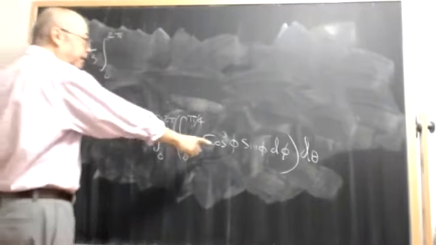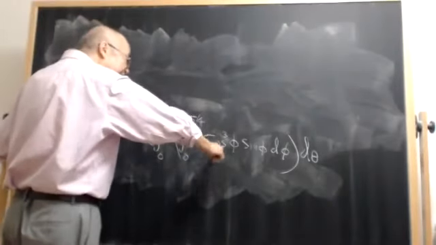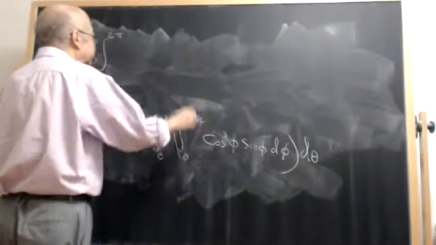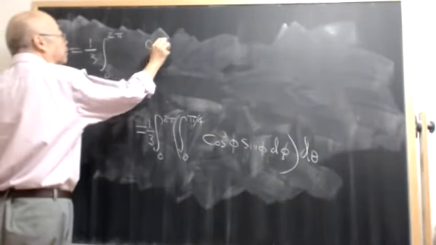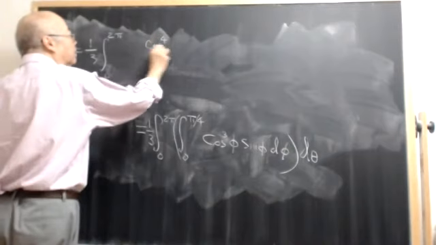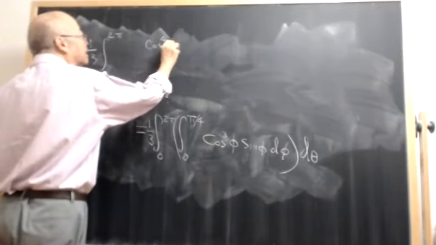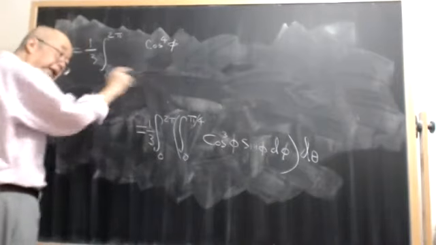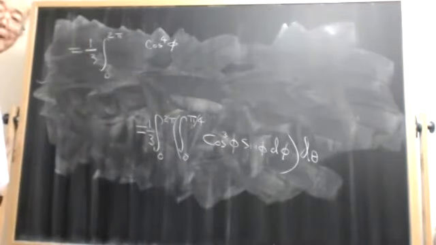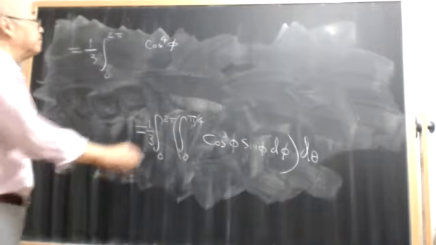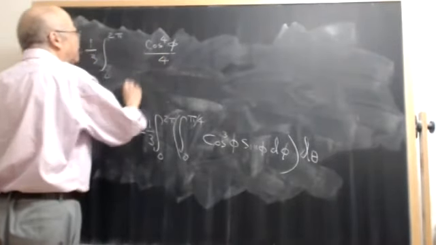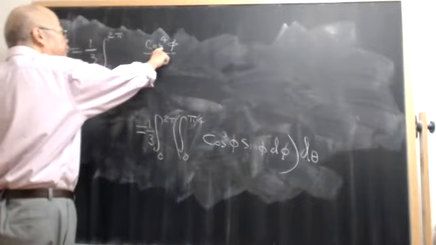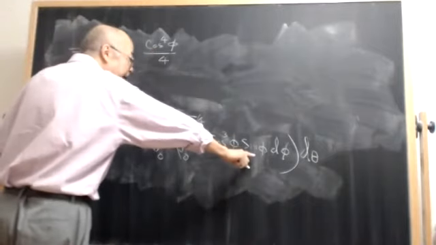Now, if you find an antiderivative of this, then you should have cosine to the 4 over 4. Actually, if you can practice doing this by heart, you will gain a lot. And then you have to differentiate cosine to get sine.